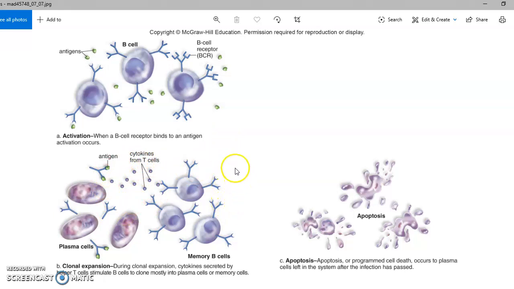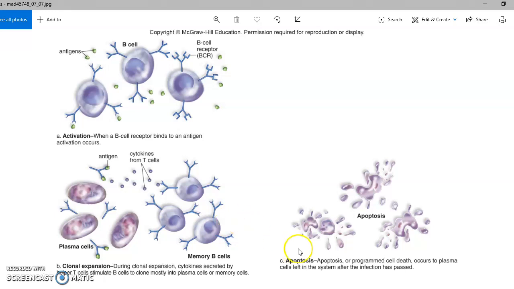So once the infection is defeated, their numbers decline, and all that's left is a memory B cell. And its job is to hang around with the right kind of antibody so that if that infection shows up again, your body can attack it and defeat it before you get sick. And that is the key to your defenses. Can your body identify the pathogen and defeat it before you get sick, before you suffer symptoms?